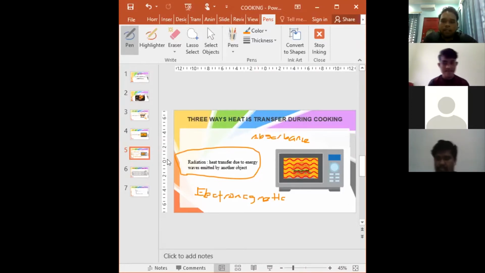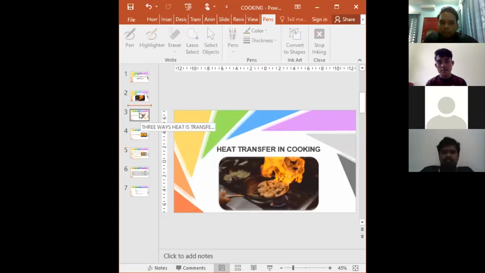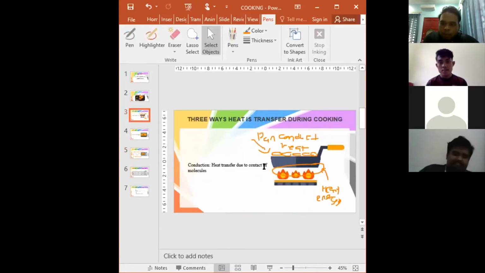As a summary of how heat transfers in cooking: first, the heat from the stove is transferred to the pan via conduction.